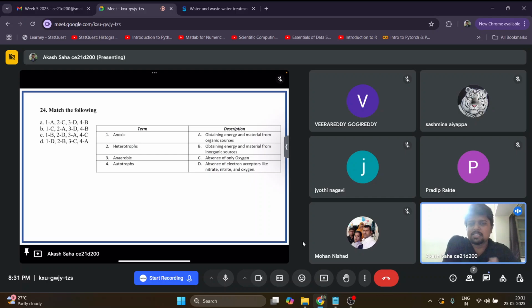Okay, next is a match the following type, where we have anoxic, heterotrophs, anaerobic, and autotrophs. All the definitions are given on the right side, so you have to just match them.